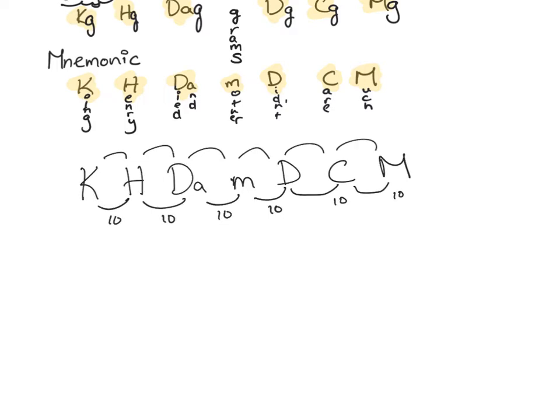But how do we know whether to multiply or divide in order to convert one unit to another? So there's a little rhyme to help you. Small to big, divide the pig.